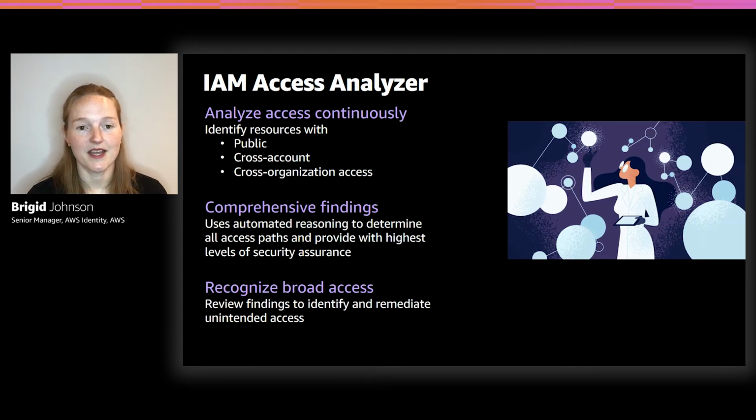I do recommend, there are a lot of white papers, there are some blog posts on automated reasoning, there are talks on it. If you're interested in it, it's a fun topic to dive into. But we do use automated reasoning to determine and generate findings for you to recognize your broad access. And these come up as findings in Access Analyzer, and you'll go and review. And then you can remediate or archive if it is intended.